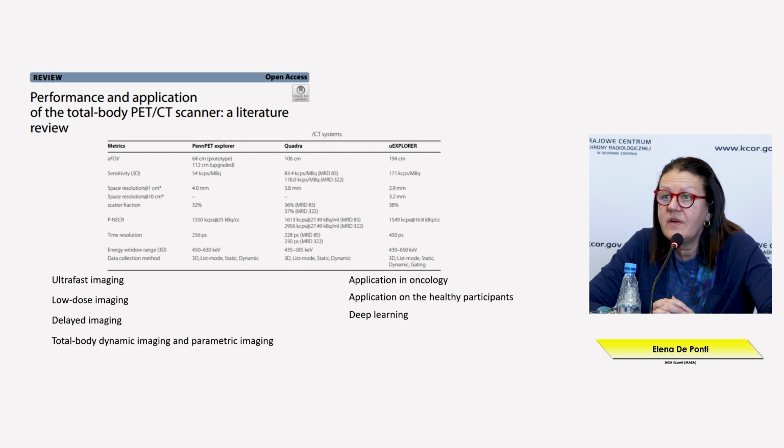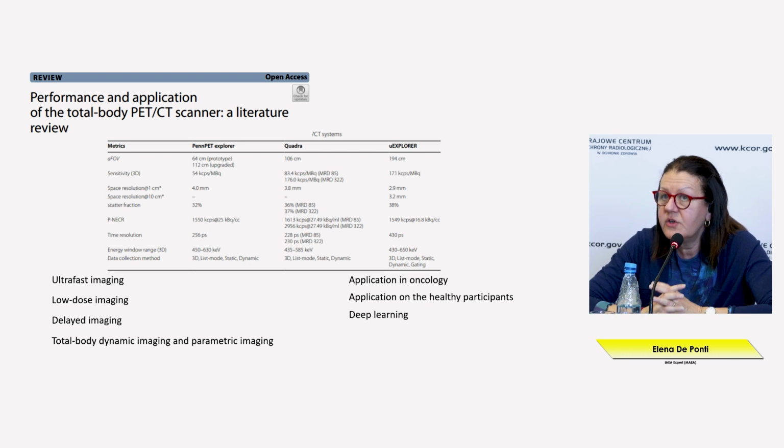In terms of application, some papers are published that demonstrate the validity of these scanners in the field of oncology, but it could also be applied to studies with healthy participants, as they can produce images with very, very low dose. We speak of less than 10 megabecquerels to perform a total scan.